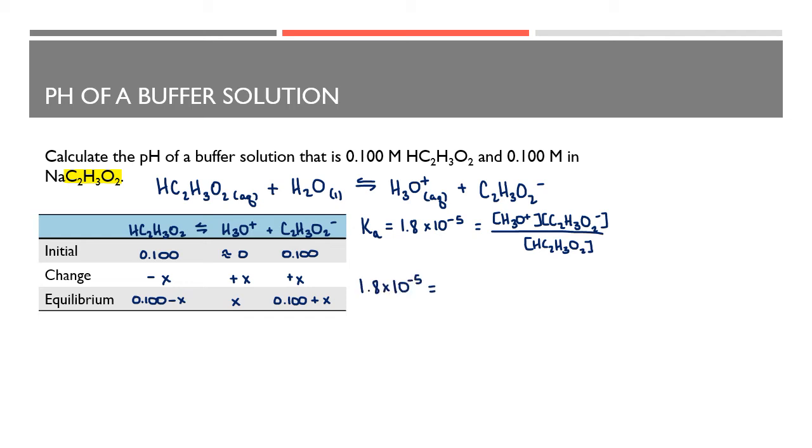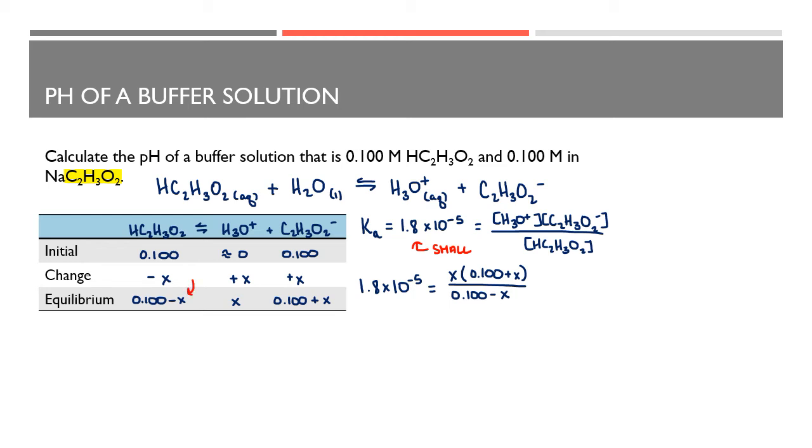Now I'm going to substitute those equilibrium concentration values in here, and I get X times 0.100 plus X over 0.100 minus X. All I'm going to do now is solve for X because I want to know ultimately the pH, which means that I want to know the hydronium concentration.